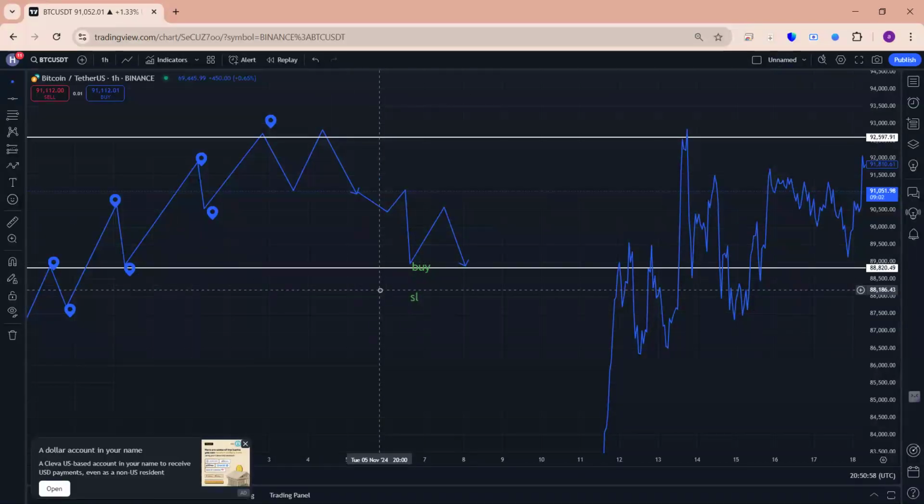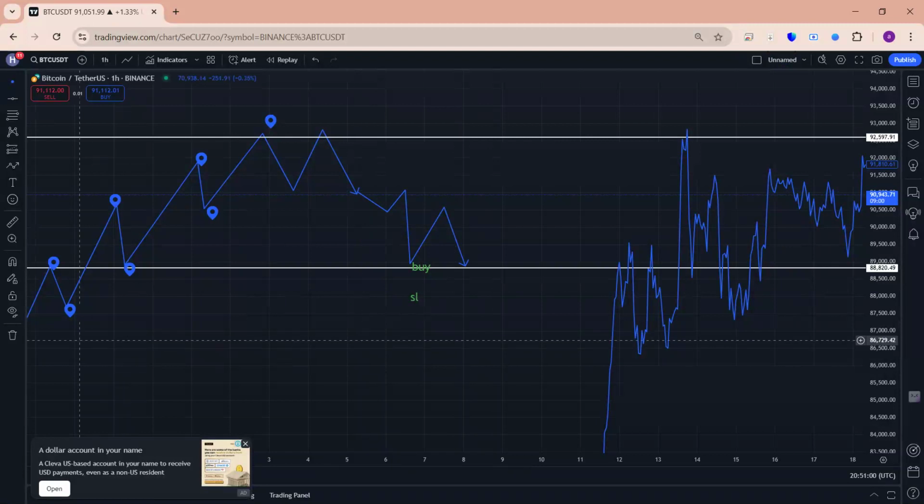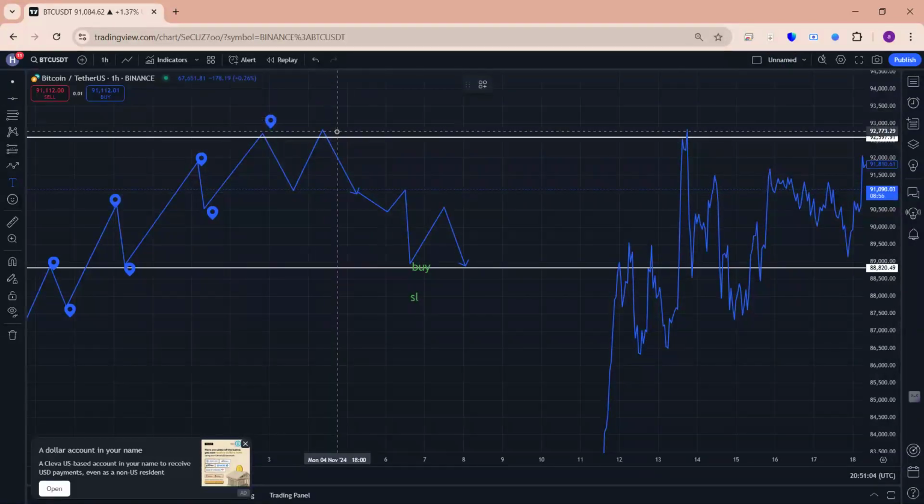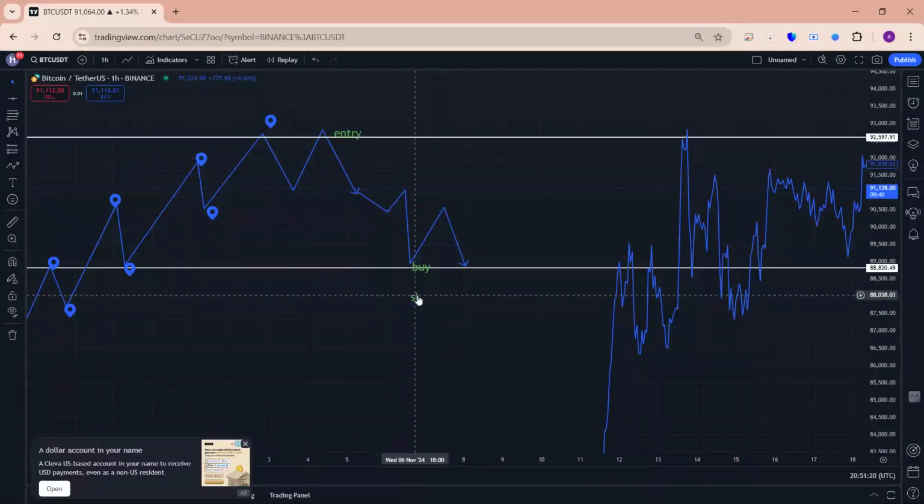And you know that when the market goes up, you place your entry around this level.